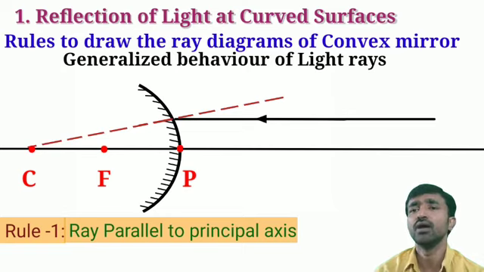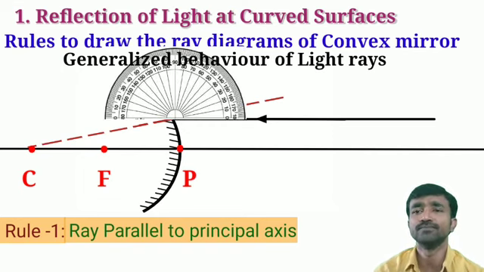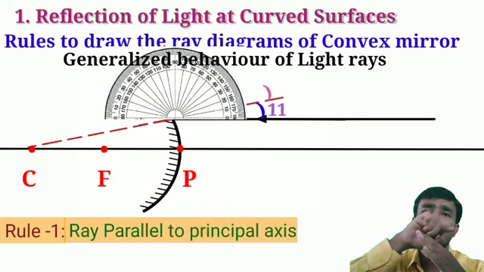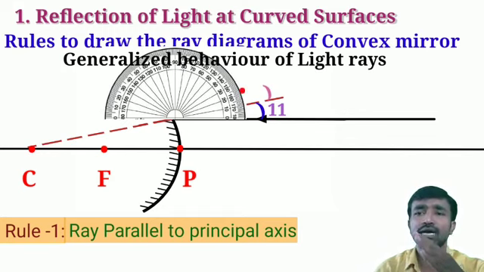Next, measure the angle of incidence and note down its value. Then measure exactly the same angle on the other side of the normal. In this case, below the normal you measure the angle of incidence, and on the other side, above the normal, you measure the same angle.